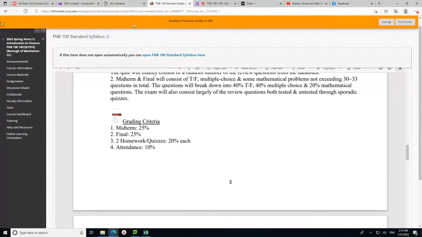Okay. Look. Did you go to Blackboard? If you click in the Blackboard, in the left-hand side panel, you will see Collaborate. Discussion is on top of the Collaborate.